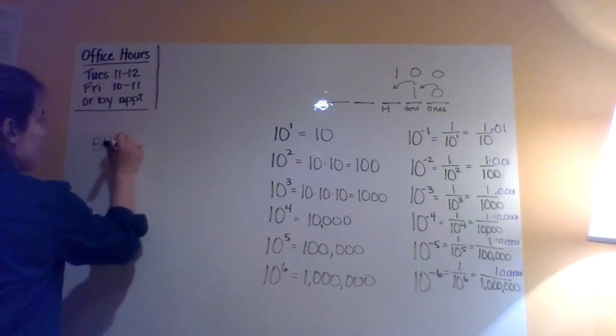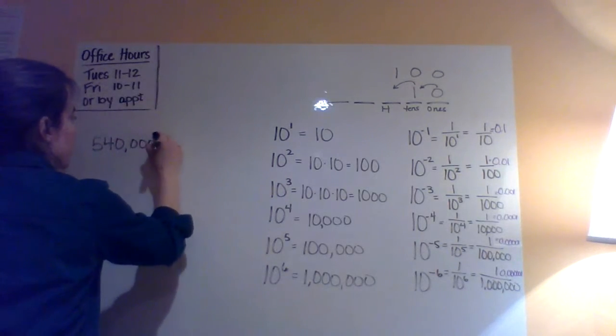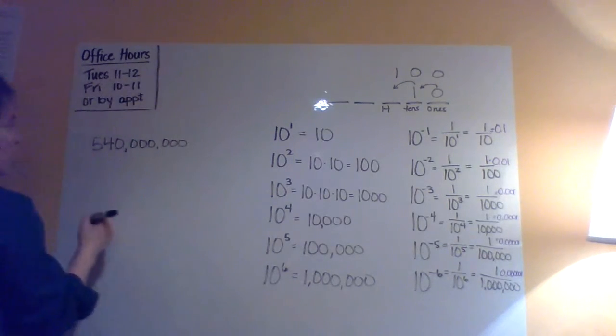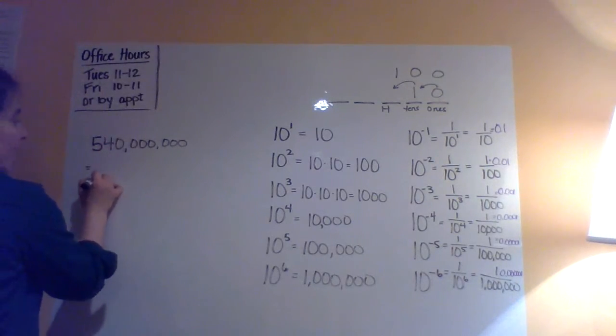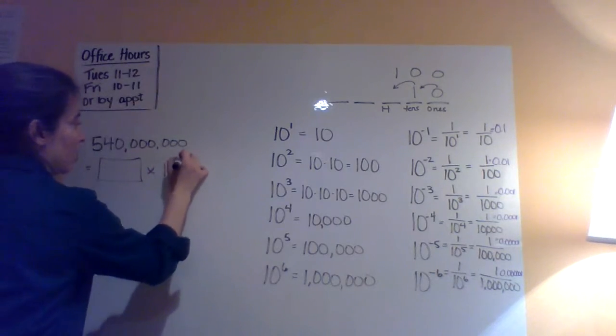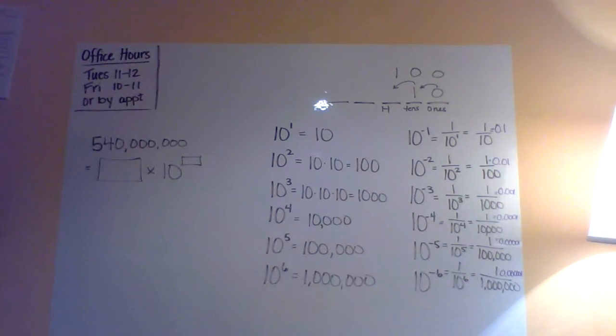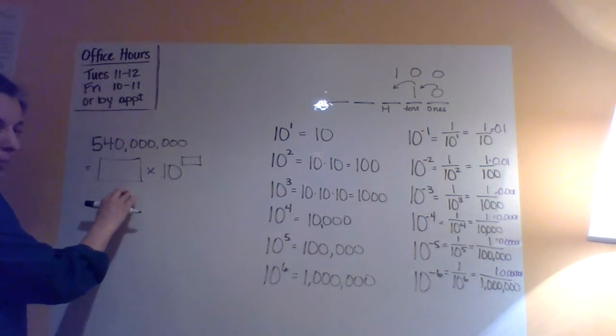What do we have here? 540 million. And I want to write it in scientific notation. So I want to write it in such a way that I have some number times 10 to some power. Okay, I'm going to fill in those two boxes. This number has to be between 1 and 10.